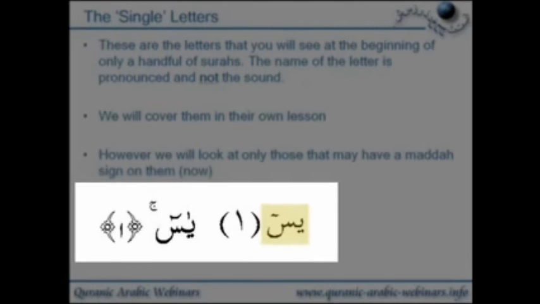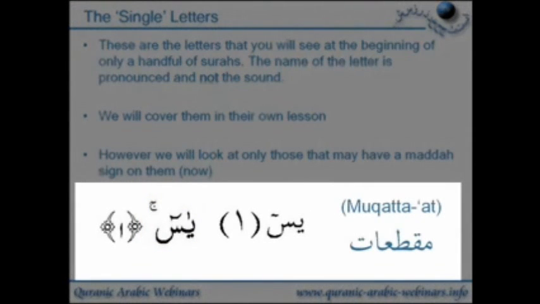And the second one is the sin with madda, so that's going to be 6 long. So when you hear it recited, they'll go Yasin. Okay, the second example there is the Majidi script, so they've put the dagger alif in there because again in Majidi they try to help you along a bit, that's indicating 2 long, and they've got the madda on the sin, so that's still 6 long.